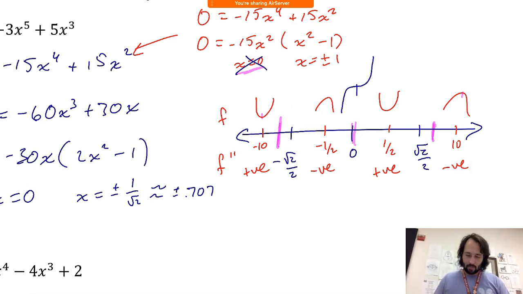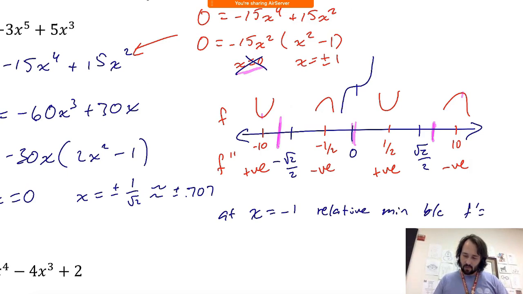Okay. So at x equals negative 1, this is a minimum because f prime is equal to 0 there, and f double prime is greater than 0, right? Since I am concave up, it had a low point on this thing.